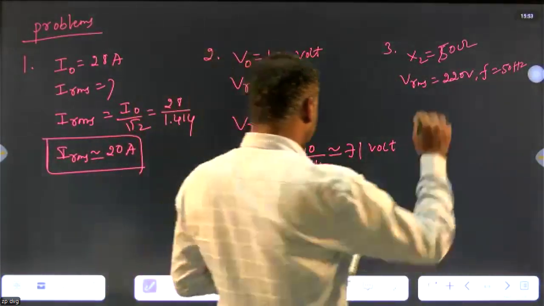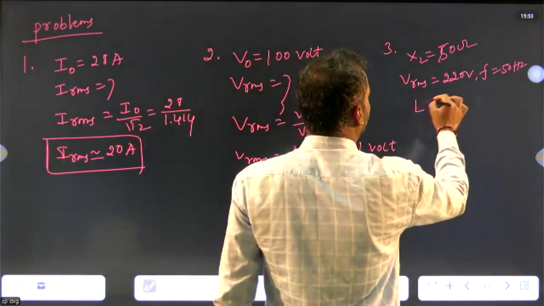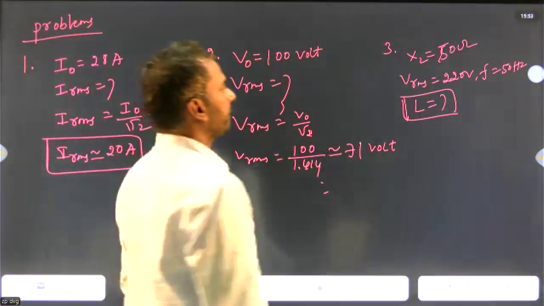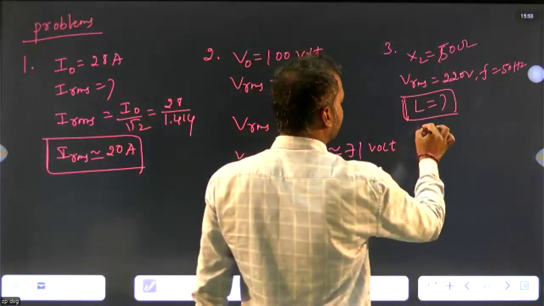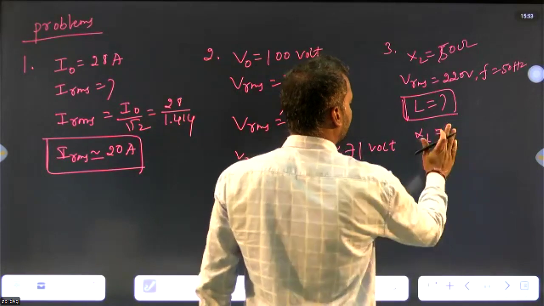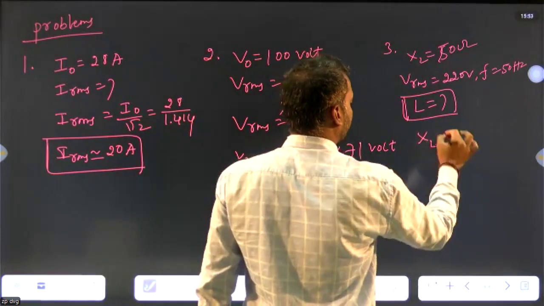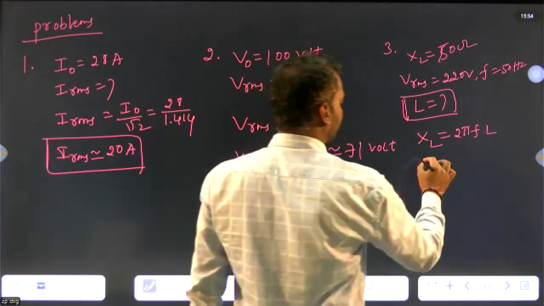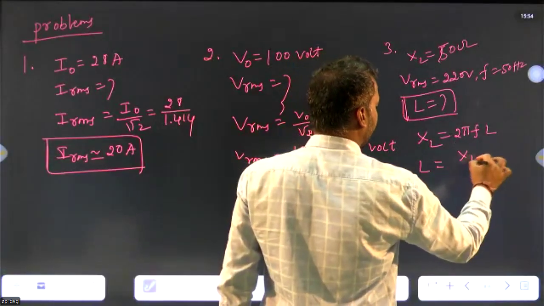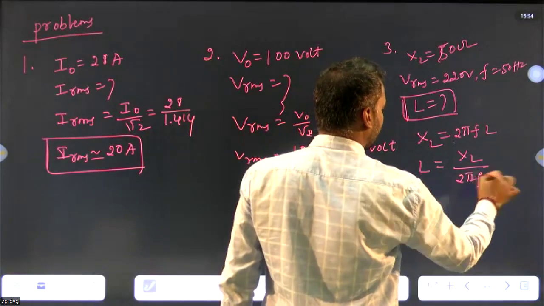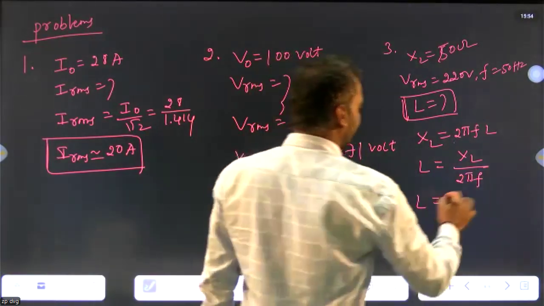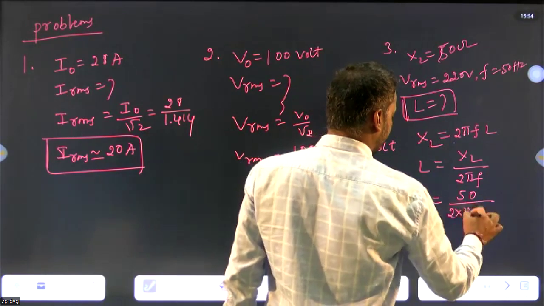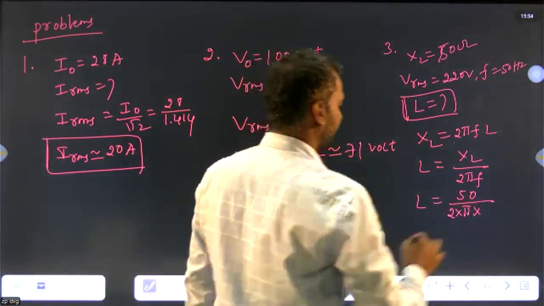The inductance of the inductor is L. We know the relation between inductive reactance and frequency of the AC source: XL is equal to 2 pi F into L. L is equal to XL divided by 2 pi into F. XL is 50 ohm, frequency is 50.